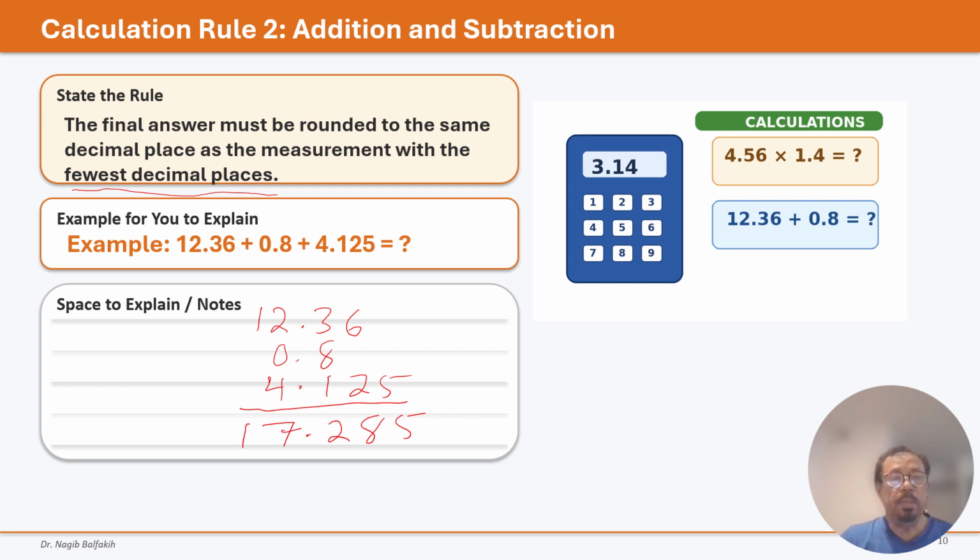Now here the rule says the fewest, and from what we see here 0.8 is the fewest, so we have only one digit after the decimal point, so the final answer will include only one digit. However, when we delete the 85, because 8 is higher than 5, we're going to round up. So the final answer will be 17.3. Okay.